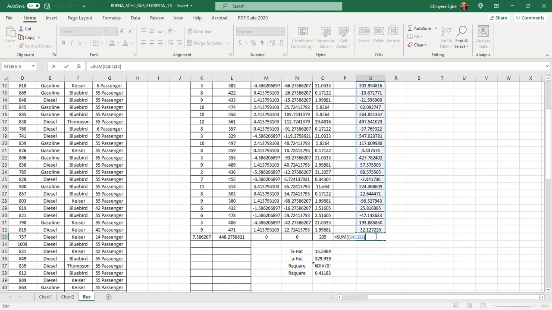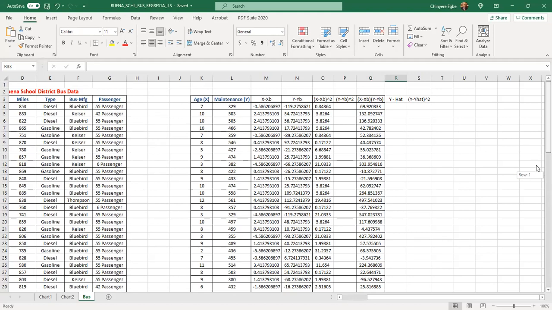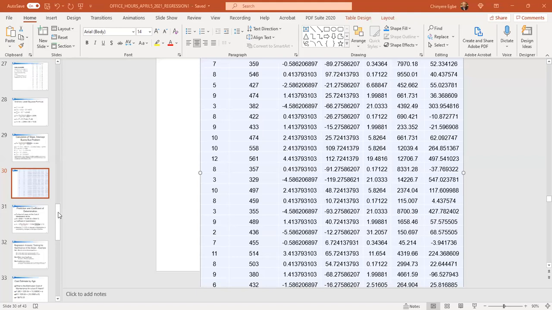You use this summation here that we obtained, y minus y bar times x minus x bar. It's not exactly the same sample, so these numbers will be somewhat different, but those are the numbers we are using.